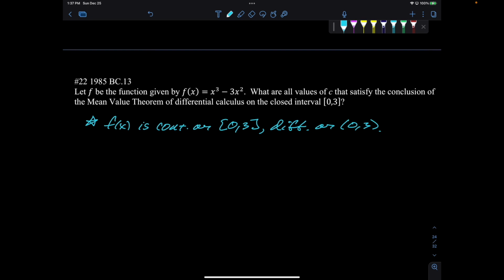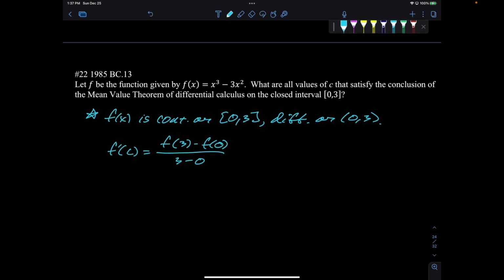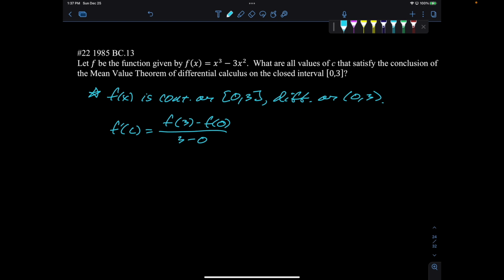All right, so f prime of c is equal to f of 3 minus f of 0 over 3 minus 0. So we have to plug in 3, and plug in 0. Plugging in 0 just gives 0. f prime is going to be 3x squared minus 6x, so we have 3c squared minus 6c.